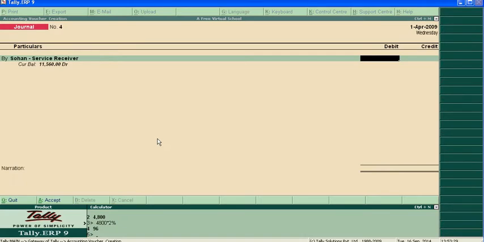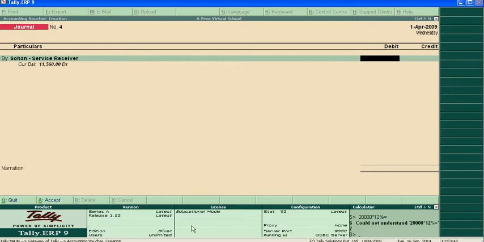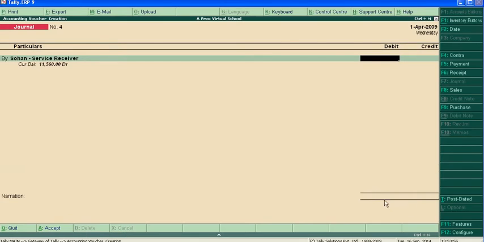Now the calculation: 10,000 at 12% is 1200, and 2% is 240, and 1% is 120.